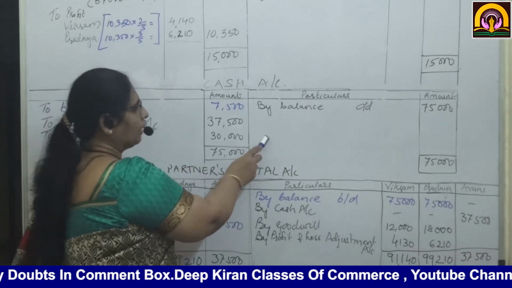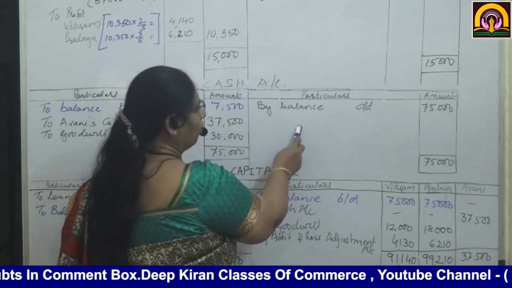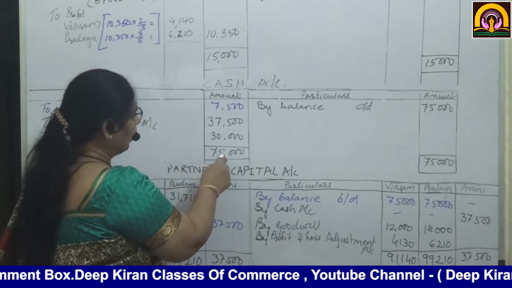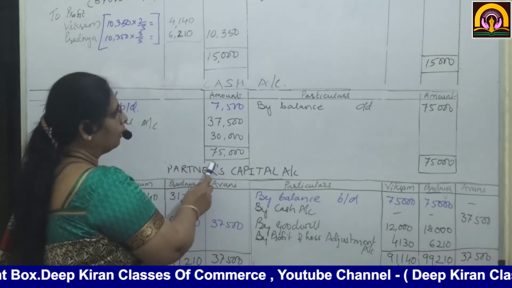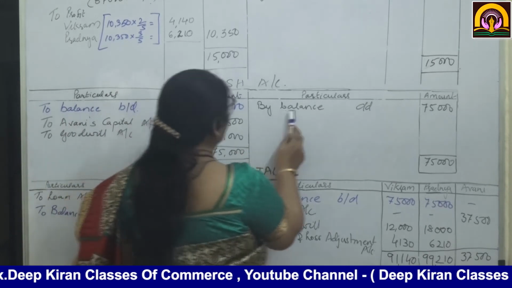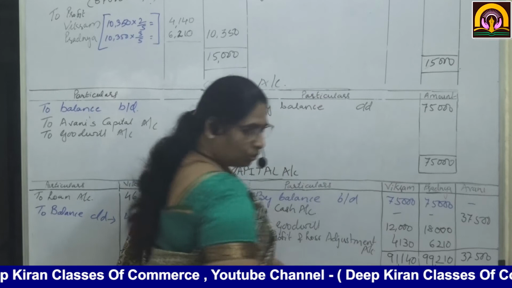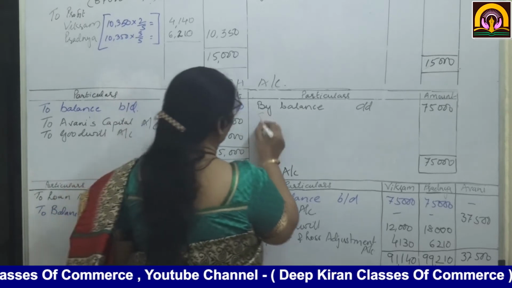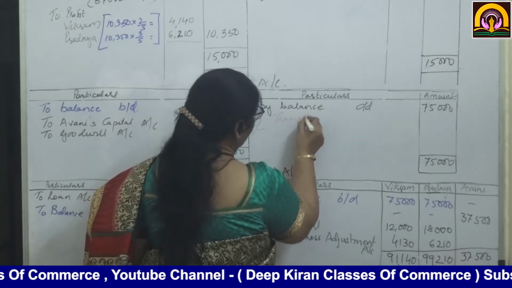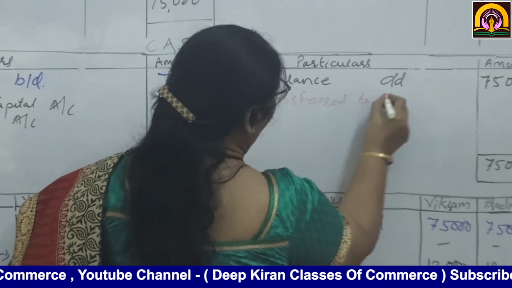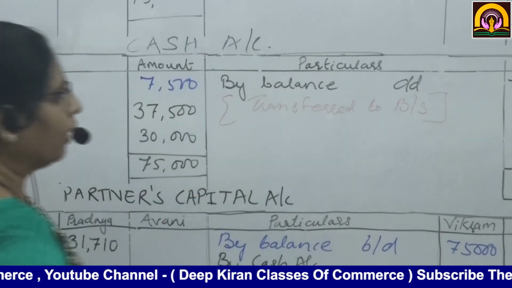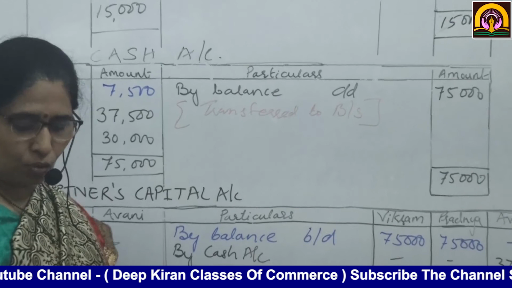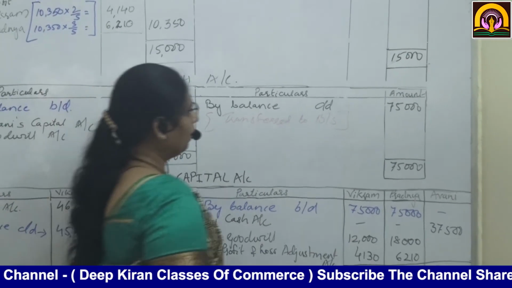On the credit side, nothing is there, as no cash has gone out due to admission of a partner. If you total up, this comes to 75,000. So I will write here by balance carried down. This figure will be transferred to the balance sheet, and this will be the new figure that will come in the balance sheet.